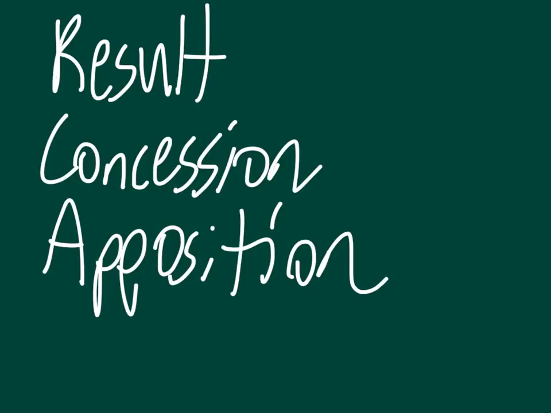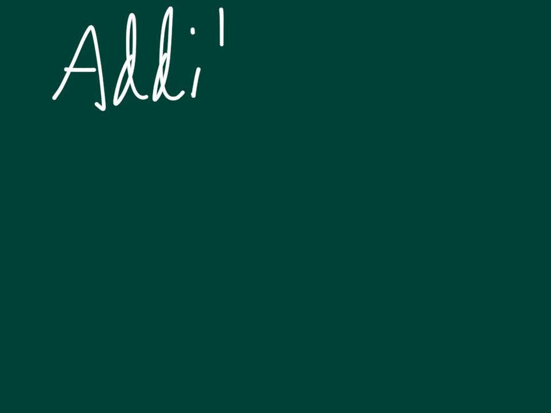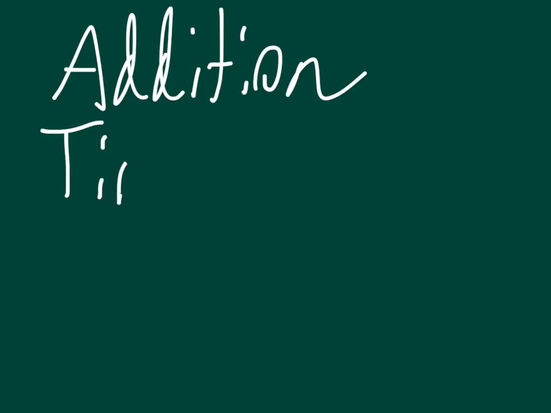I'm going to show us some examples of these really quick after I list the last 5 categories. So the next 5 categories are: we have addition, so that's pretty clear, you're just going to add on to what you said. We also have time.